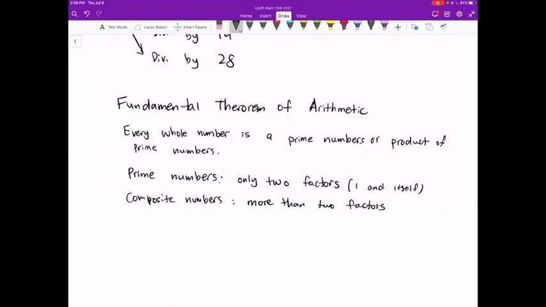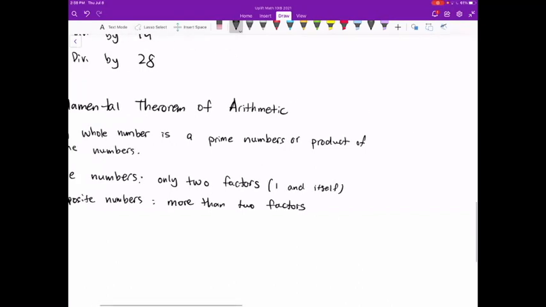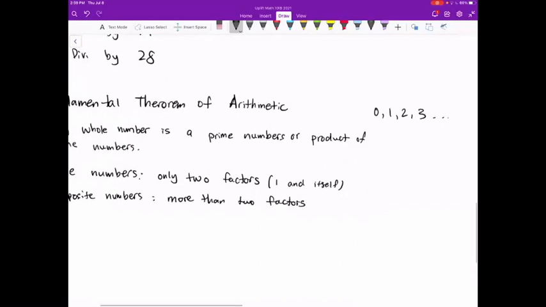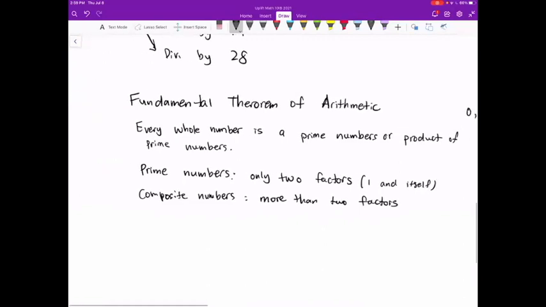We're going to learn what a whole number means in our next unit, but just as a brief overview, a whole number is 0, 1, 2, 3, and so on. They start from 0 and they don't have a decimal component to it.